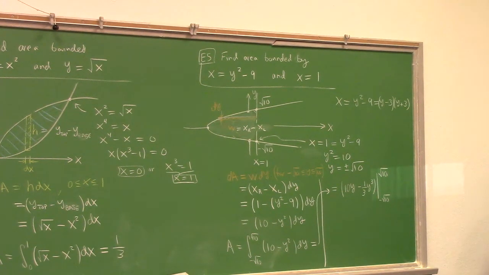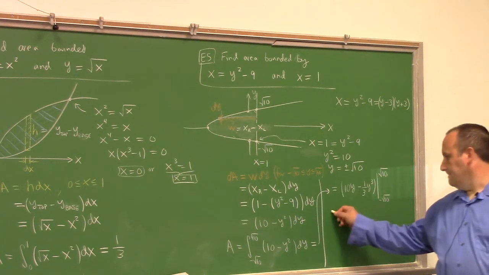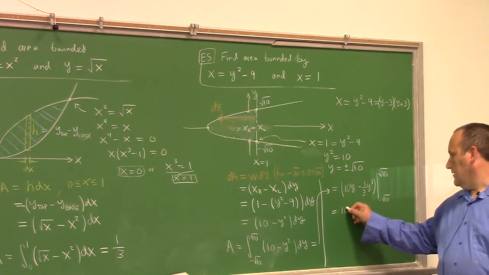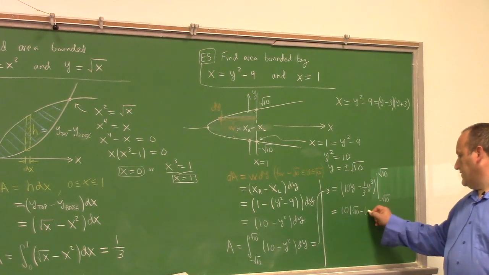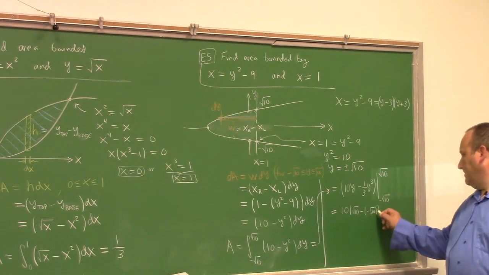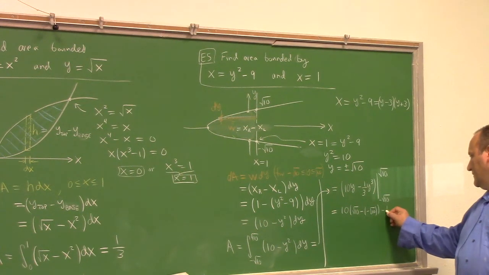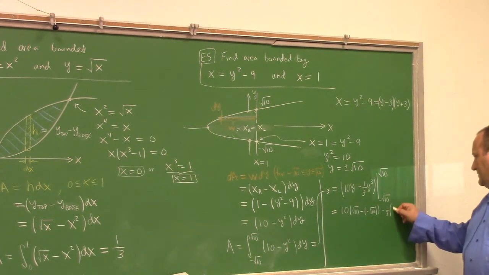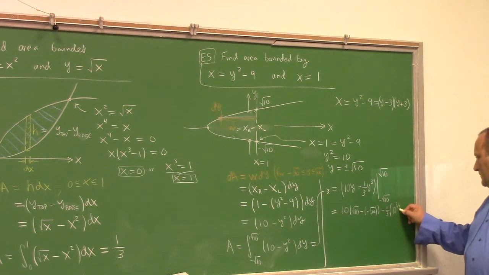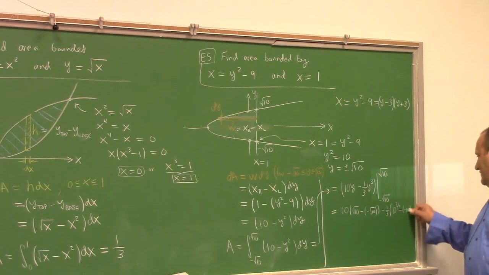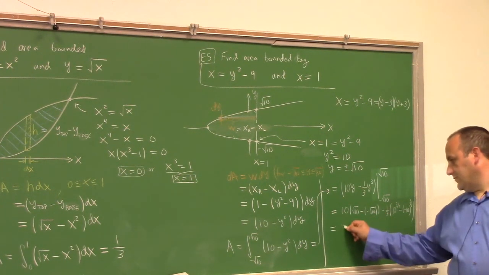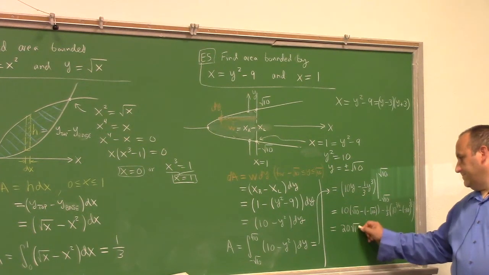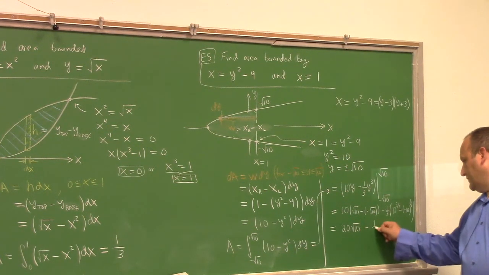By the fundamental theorem of calculus part 2. And what is it? Yeah, we have 10 times root 10 minus a minus root 10, right? Minus 1/3, 10 to the 3/2, minus 10 to the 3/2. Golly, run out of space. So of course that's 2 root 10, so we have 20 square root of 10 minus 1/3.